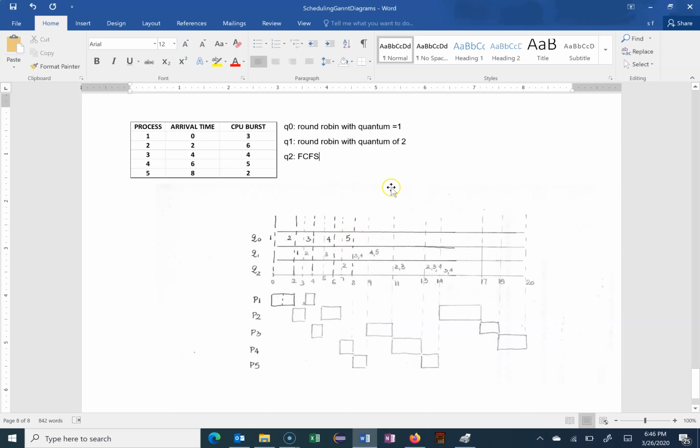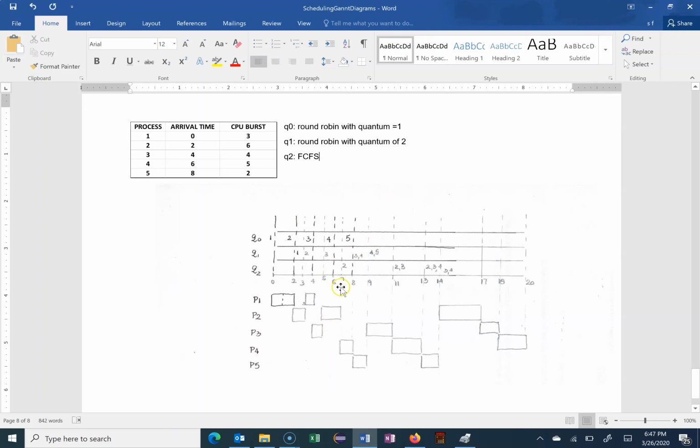So now at 5, in Q0, we have nothing. In Q1, we already have process 2, and after 2, we have process 3 that was preempted. So the next step we schedule process 2. It comes from Q1, has a quantum of 2. So process 2 is allowed to execute between 5 and 7.